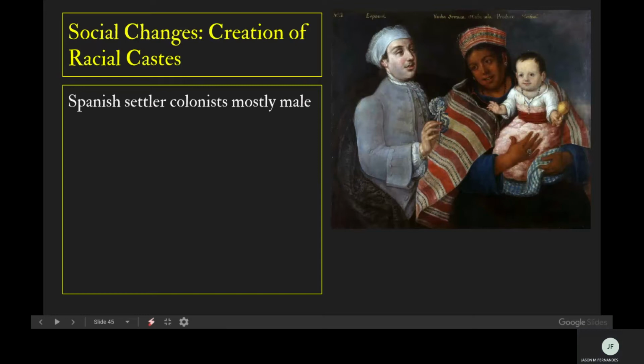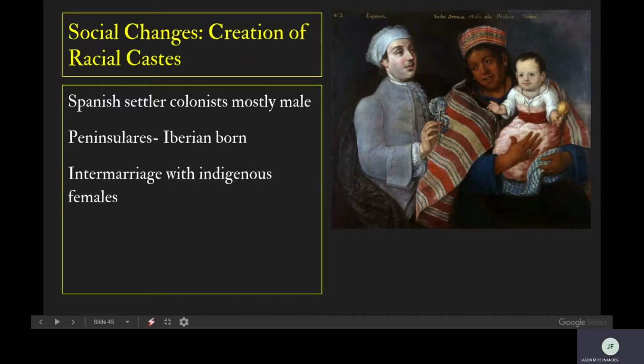So again, right, these colonists are mostly male, right? Peninsulares, born in Spain, right? They're at the top, right? But again, you have this dearth of Spanish women, so you get these relationships, right? So you have the Spanish man, probably an elite indigenous woman, and then their child, right?